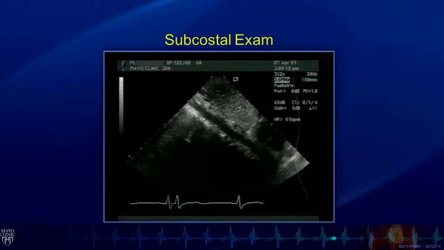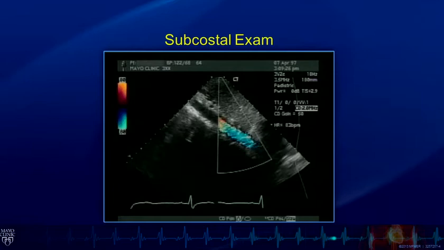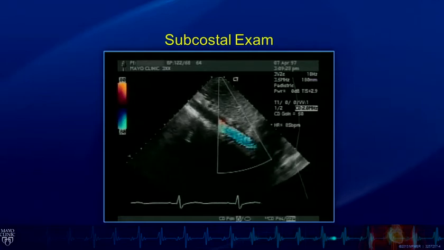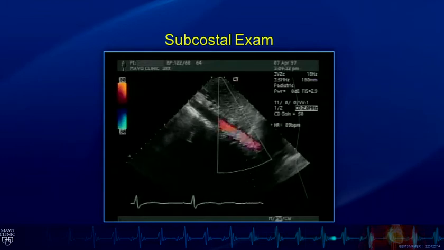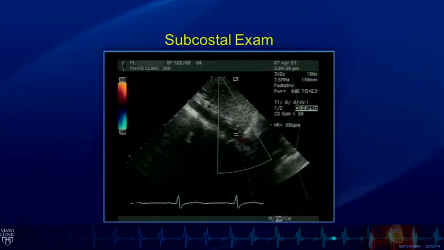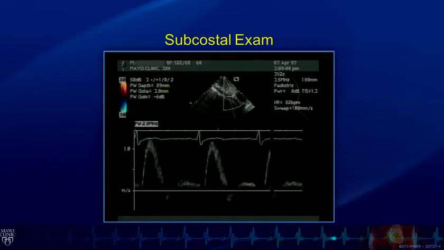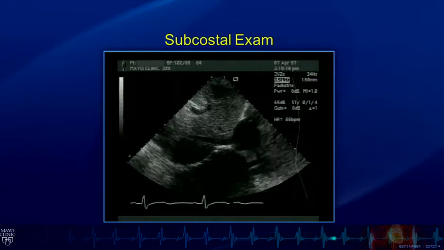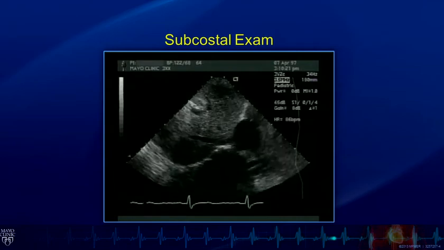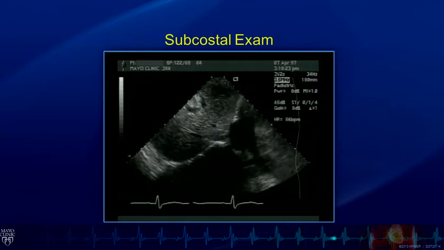As the transducer is angled medially, we see now pulsations of the abdominal aorta, and color flow demonstrates excellent pulsatility of abdominal aortic flow. The pulse wave Doppler examination of the abdominal aorta is very important and helps to identify a potential obstruction, and we'll come to that shortly.